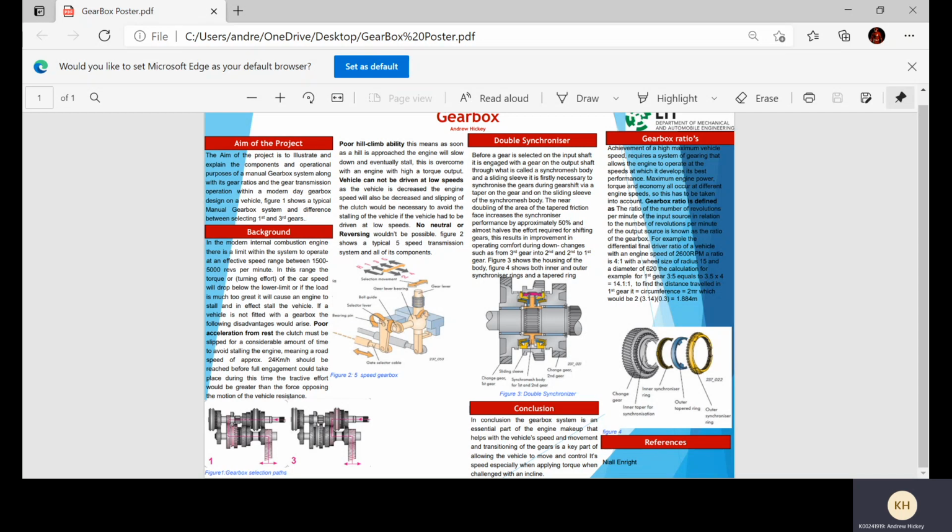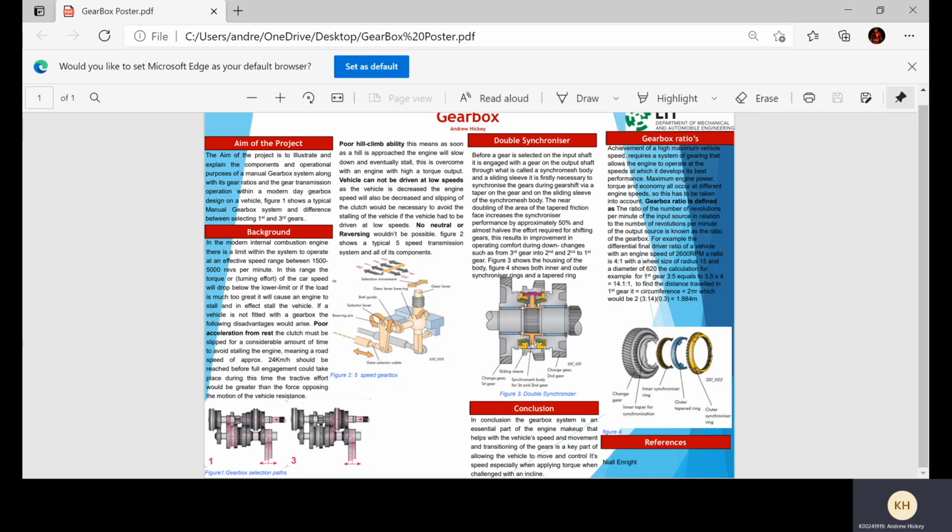The near doubling of the area of the tapered friction face increases the synchronizer performance by approximately 50% and almost halves the effort required for shifting gears.